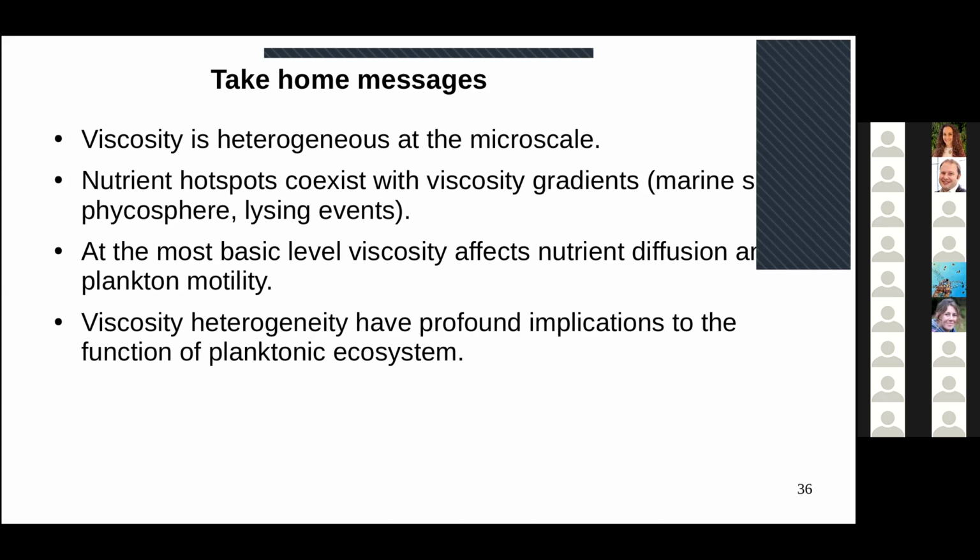At the most basic level, viscosity affects nutrient diffusion and plankton motility, and this can lead to a cascade of implications for the functioning of the whole planktonic system, we believe. And we are just starting to explore all this.